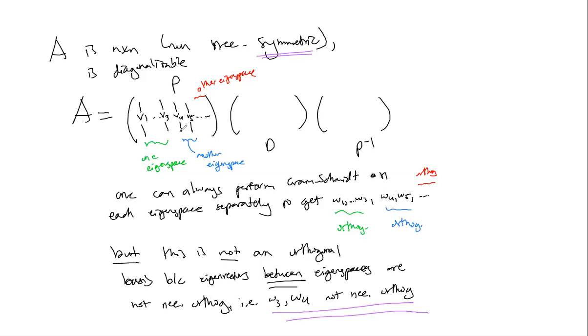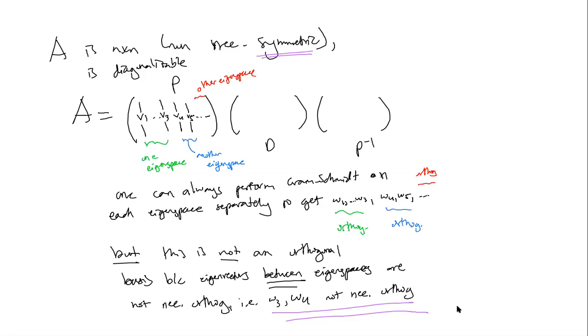Does that just complete the proof that if A is symmetric, it is orthogonally diagonalizable? Well, yes and no. If you assume that it's diagonalizable, then it completes the proof that it's orthogonally diagonalizable. But I don't think we've technically proven that if a matrix is symmetric, then it's actually diagonalizable, because that's part of the theorem.